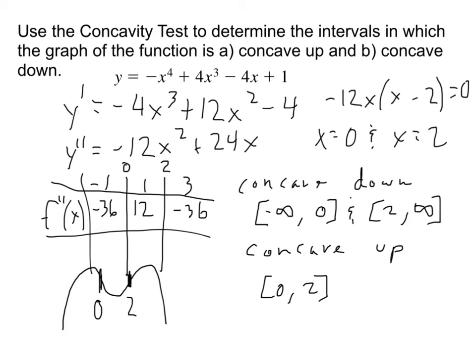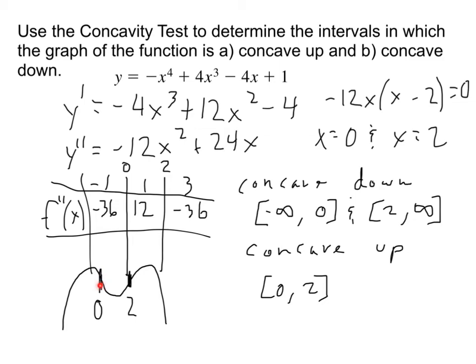Now, be very careful. A lot of people will say, well, what you really did is you found out where it is equal to 0, and those are your points of inflection. Well, no. A point of inflection is where the second derivative changes from negative to positive. That's the definition that we use.